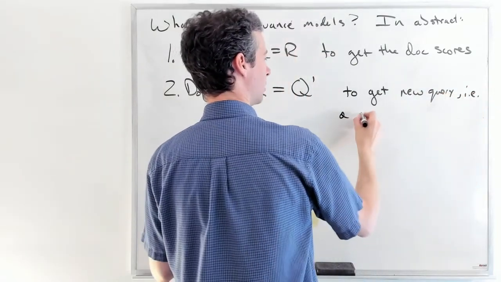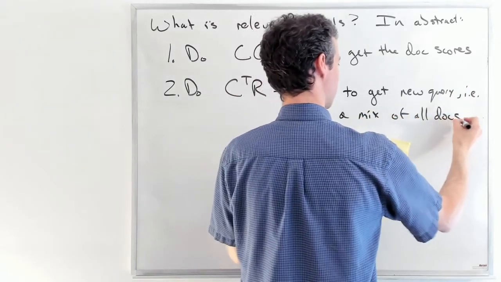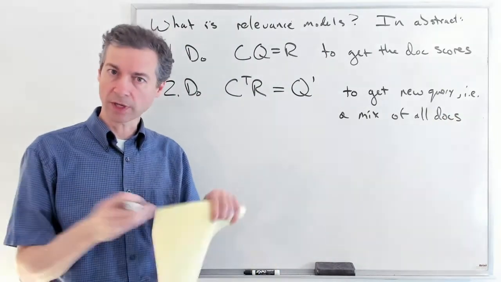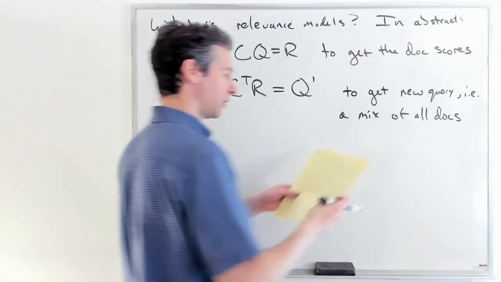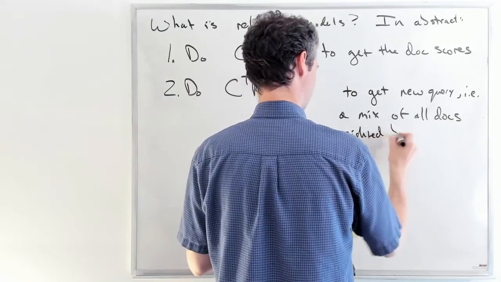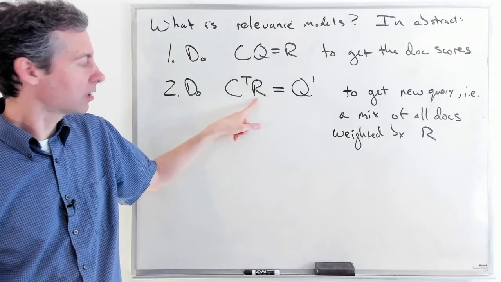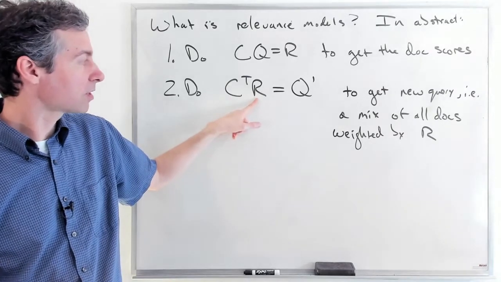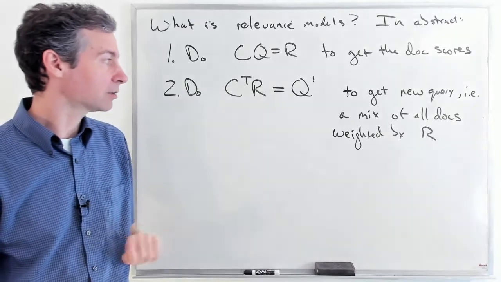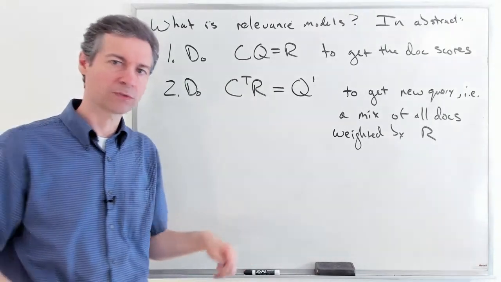Basically a mix of all documents. So each document is represented by some vector. For every single word, it's got some weight to it. It's a mix of all documents weighted by R. So we're going through all these documents and we're going to weight them, and we're going to get back out a new set of weights, so to speak, for the query.